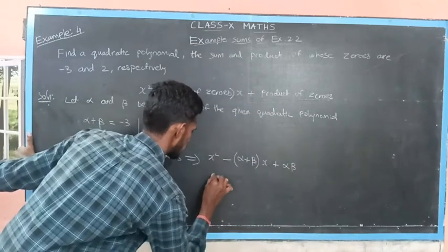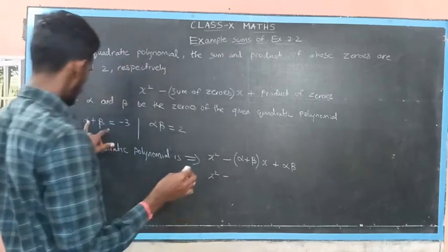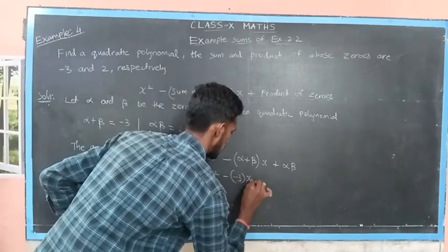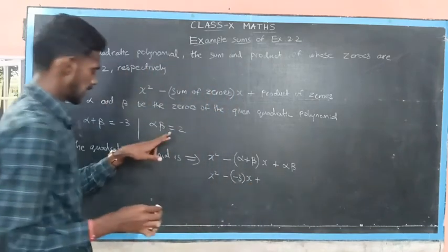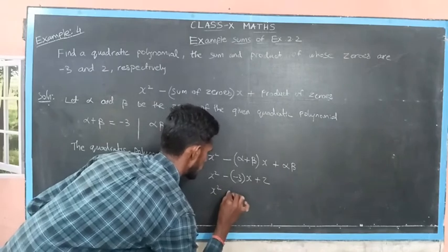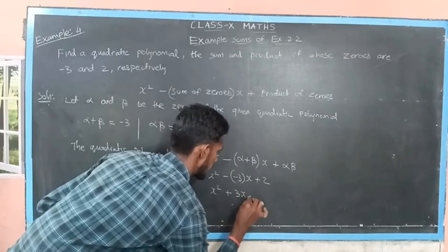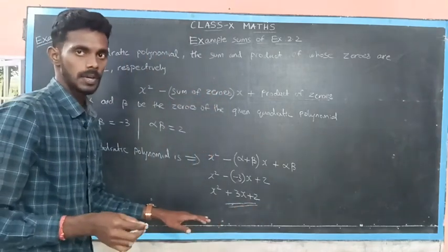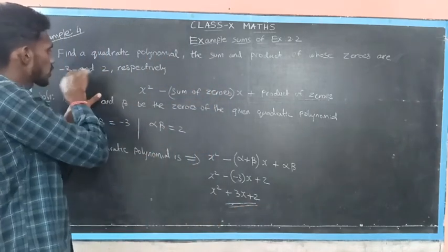Substituting the values, x square minus alpha plus beta value, which is minus 3, into x plus alpha beta value, which is 2. So, it is x square plus 3x plus 2. This is the required quadratic polynomial for the given sum and product of zeros.